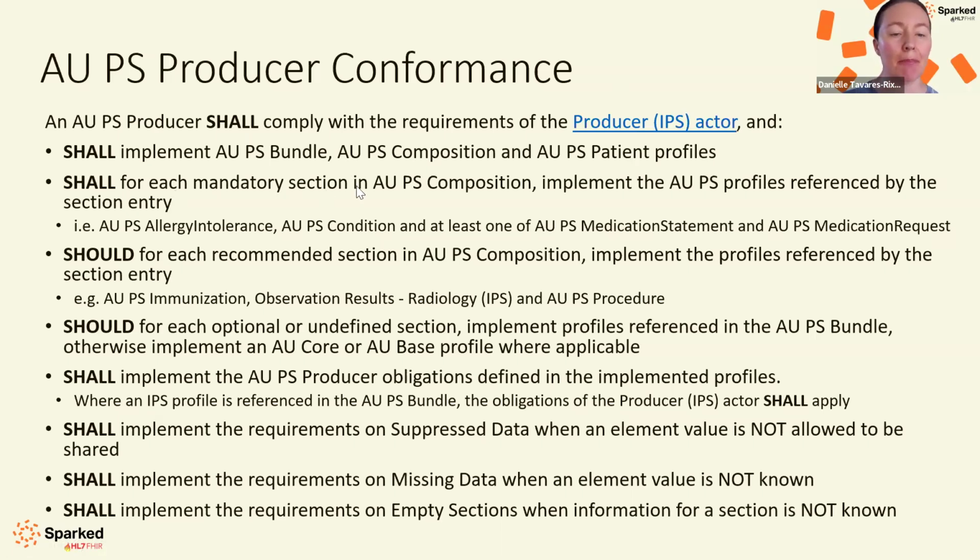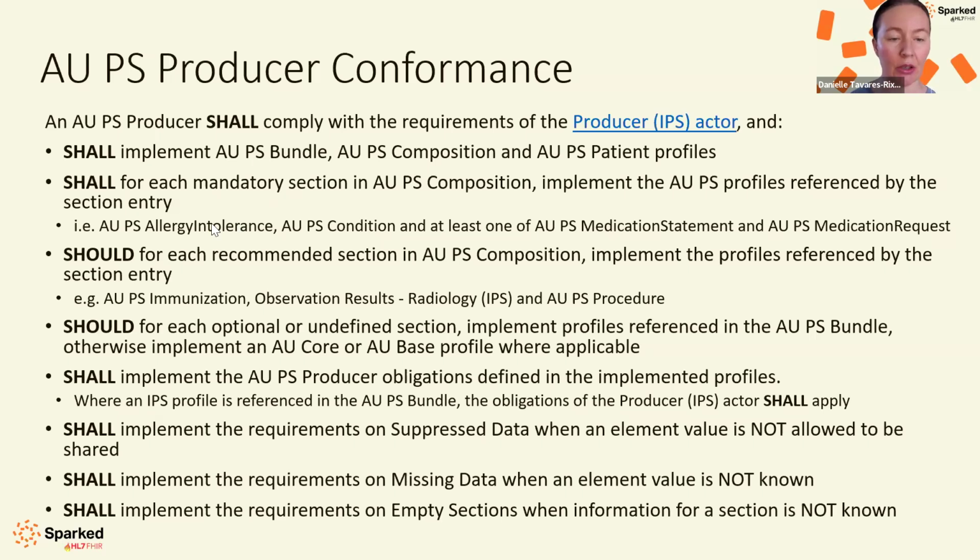You shall, for each mandatory section in the patient AUPS composition. For those of you who are coming into the project a bit new, we've not made any other sections mandatory. So it's the same mandatoriness that we have inherited from IPS at this stage. And for each of the mandatory sections, you have to implement the patient summary profiles referenced by that. And that means these.